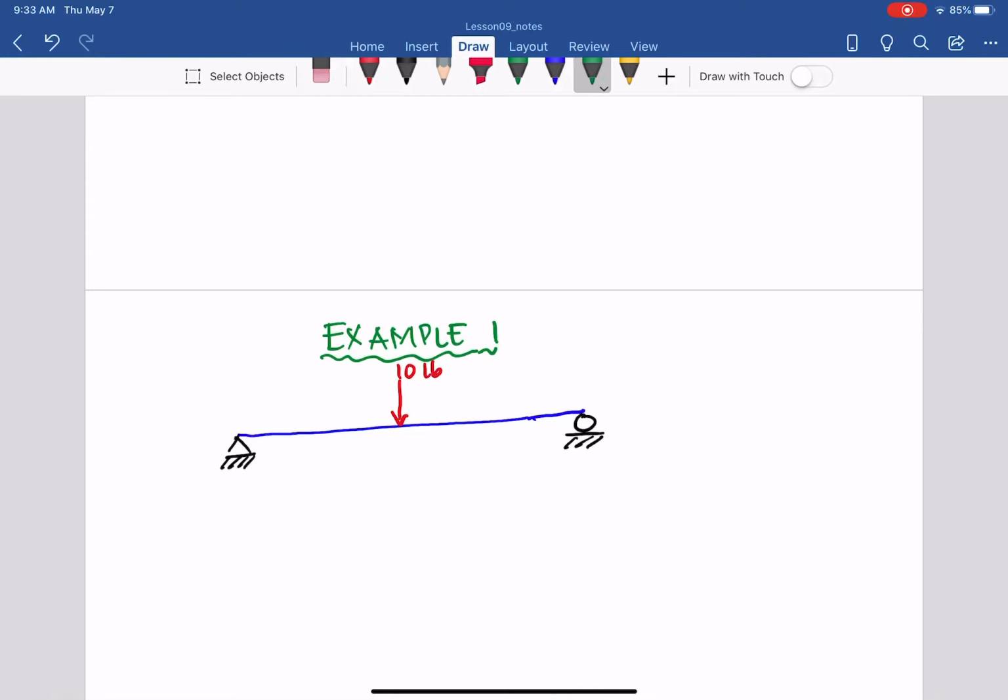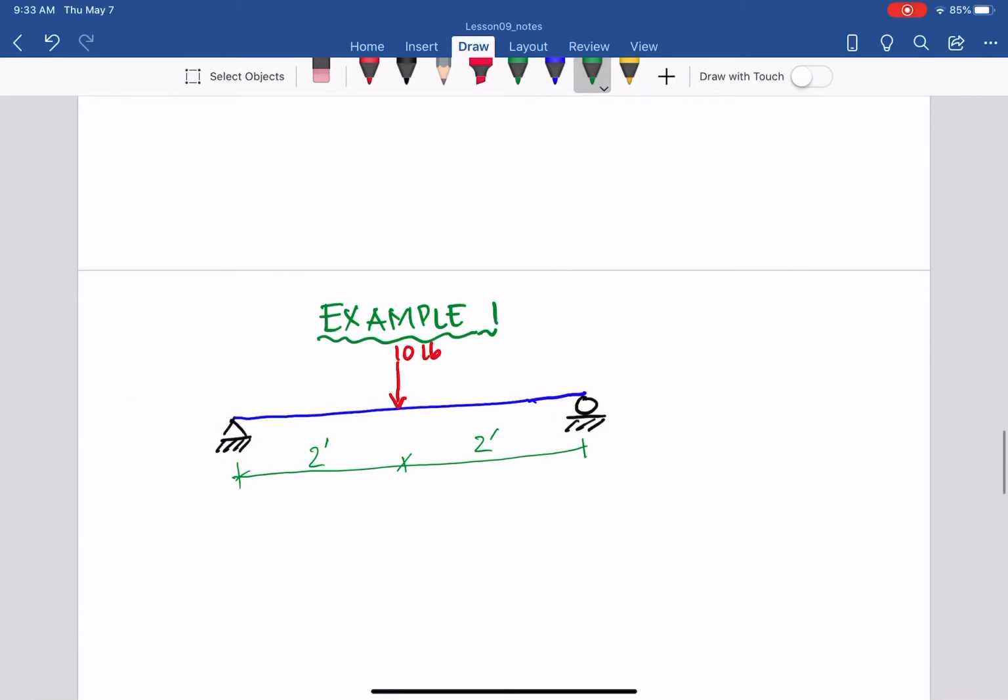The distance is 2 feet and 2 feet, so it's right in the middle for the 10 pound concentrated load.